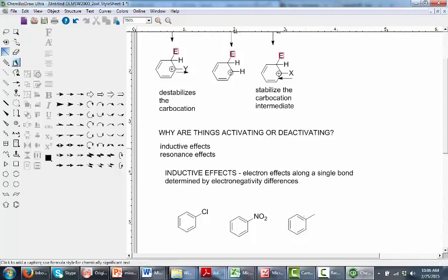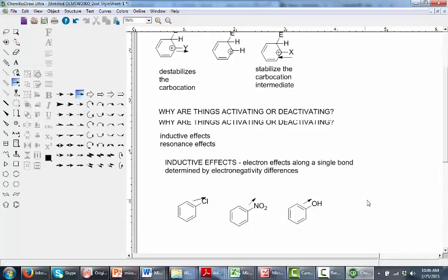So I'm going to put, for example, this OH here. This OH is inductively withdrawing. So all of these are inductively withdrawing, meaning they're withdrawing electron density along this sigma bond because of the electronegativity differences.